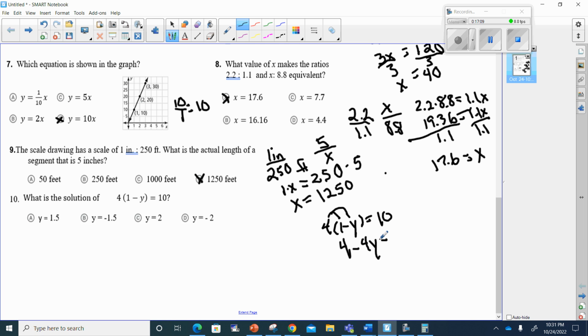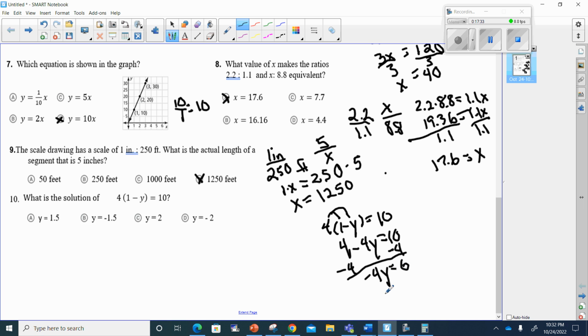That's going to equal 10. Now I'm going to do PEMDAS backwards, which means I'm going to take the number first. I'll subtract 4 from this side. That's going to give me 6. Now I have negative 4y equals 6.